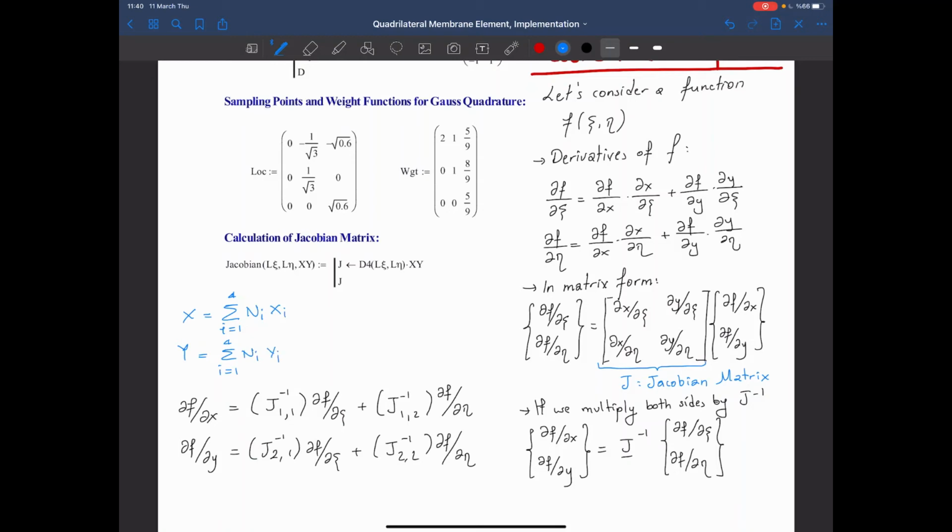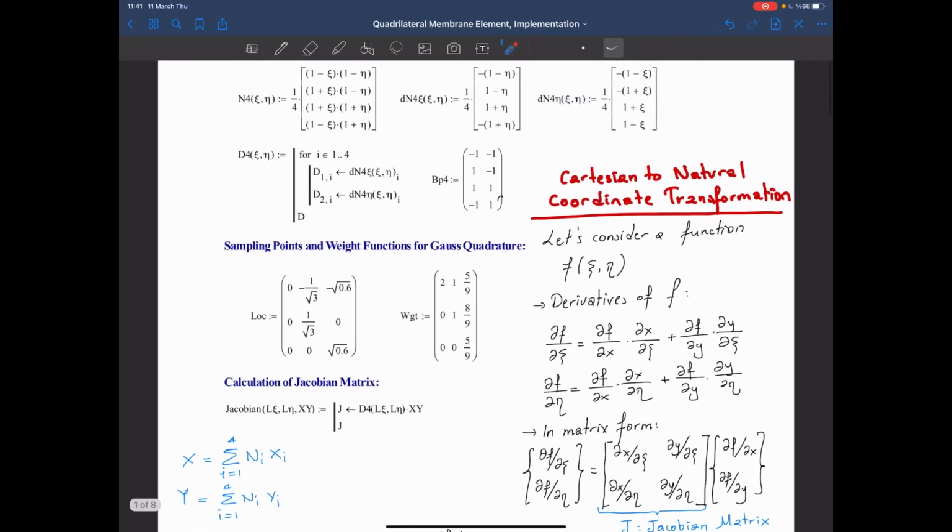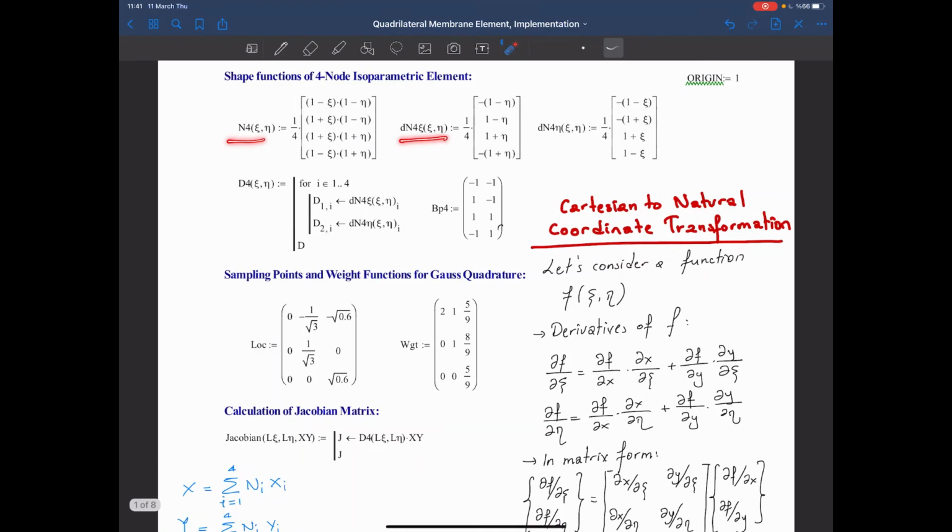So in order to obtain the Jacobian at a certain Gauss point, I need to take the derivative of this function with respect to psi, which is nothing but dN over d psi, this one, multiplied by the x coordinate itself.